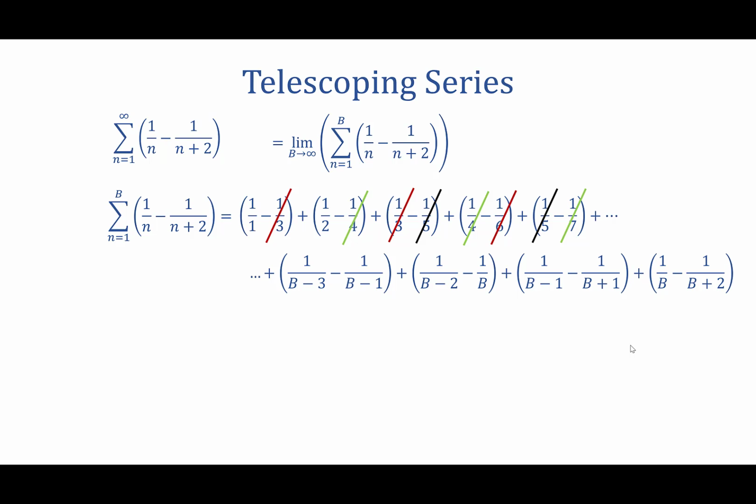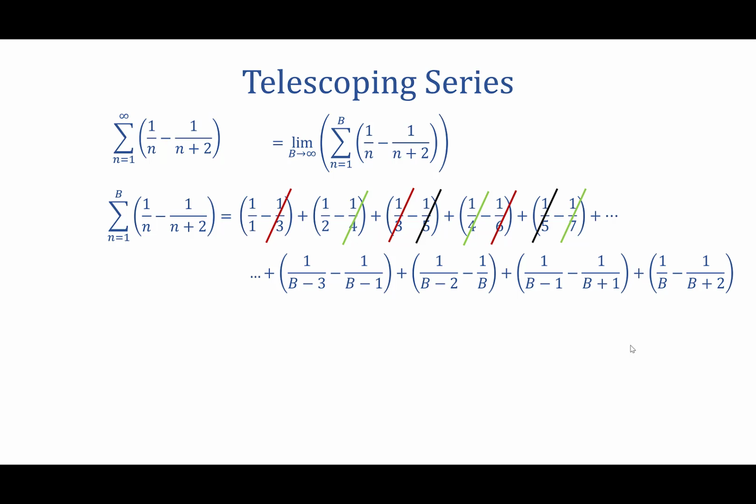So when the denominator is b minus 3, the next one is b minus 1. Or sometimes I find it's easier to start by writing out the last term, 1 over b minus 1 over b plus 2, and then go backwards. Subtract 1 from each denominator to get to the term before, until you have several terms going backwards.